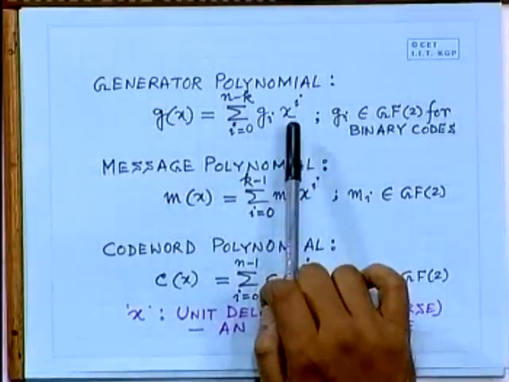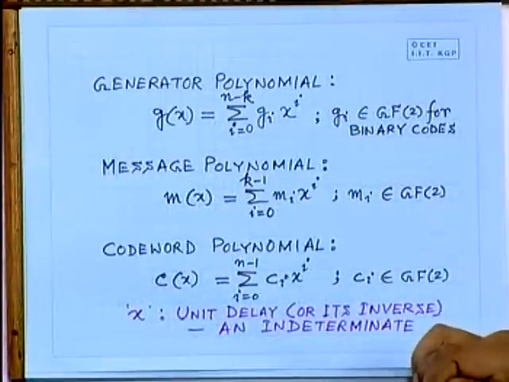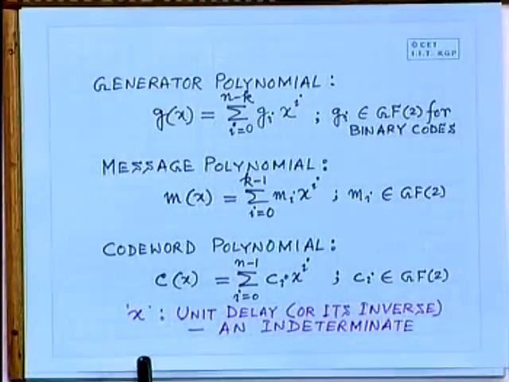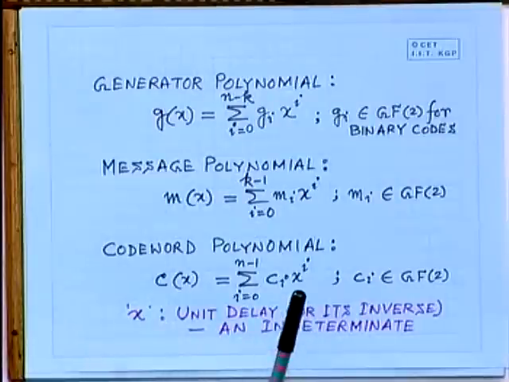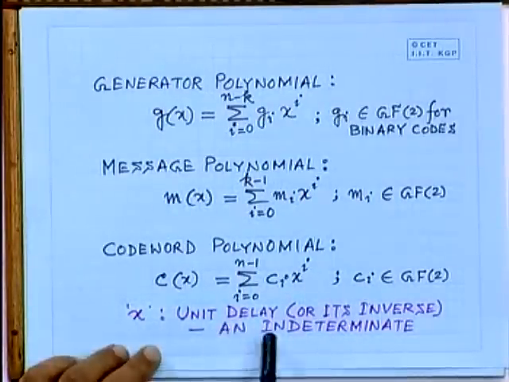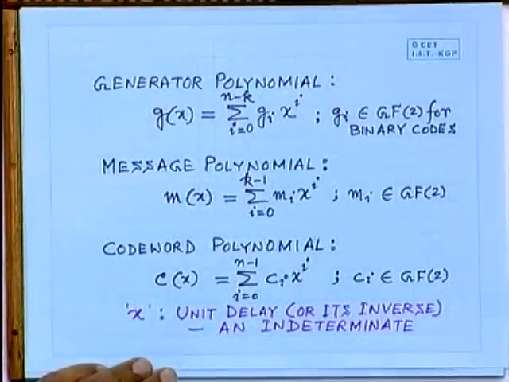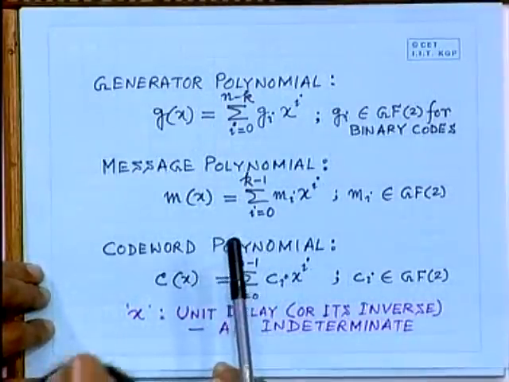x in this expression, as well as in the subsequent ones, represents unit delay or its inverse. The inverse you need not worry much about at the moment. For the time being x represents one unit delay.